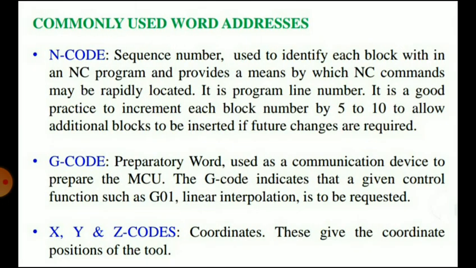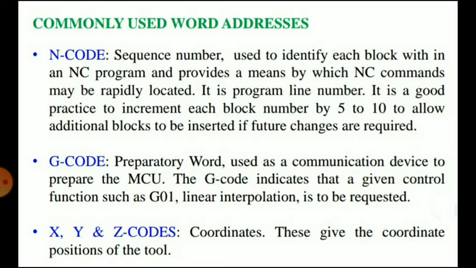So, the commonly used word addresses. N code means a sequence number used to identify each block within an NC program and provides a means by which NC commands may be rapidly located. So it is a program line number.